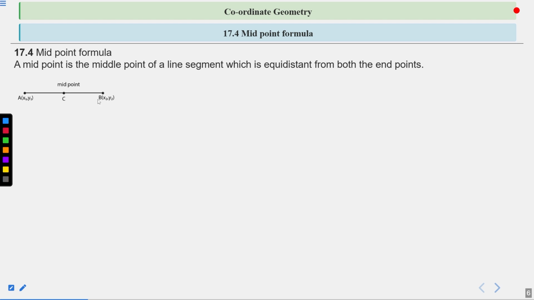We let the coordinate of C be x and y. So the midpoint C becomes x1 plus x2 by 2, which represents the x coordinate of C, and y1 plus y2 by 2, which represents the y coordinate of C.